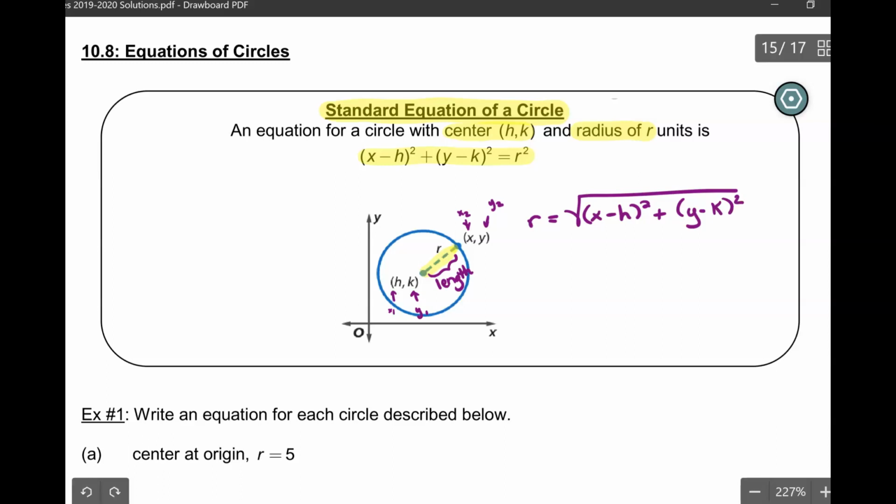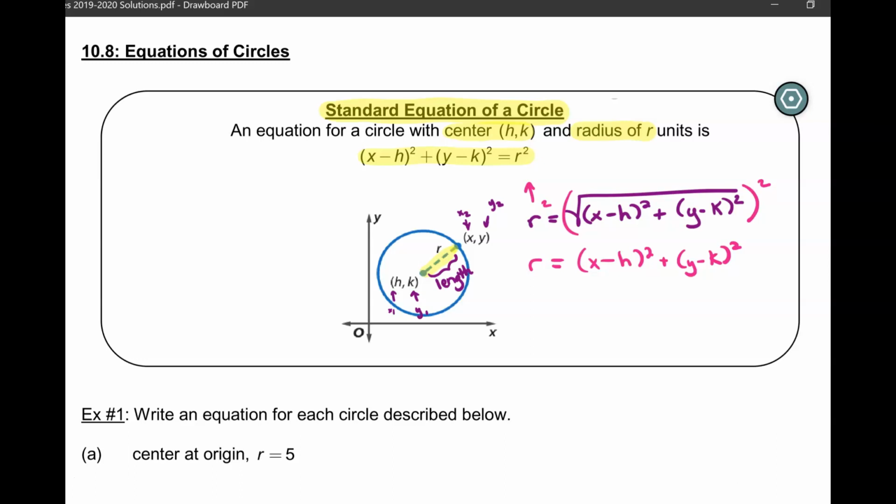Then if we square both sides, we get the above equation. So really, the equation of a circle is pretty much the distance formula, but we're squaring the distance.